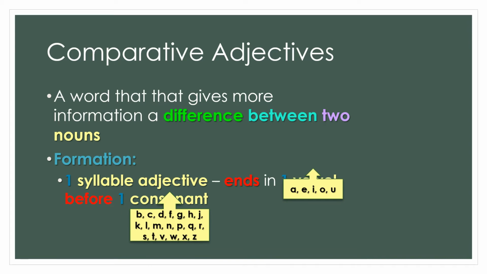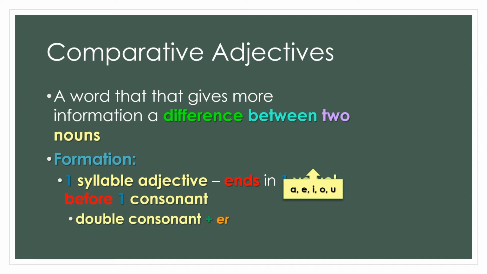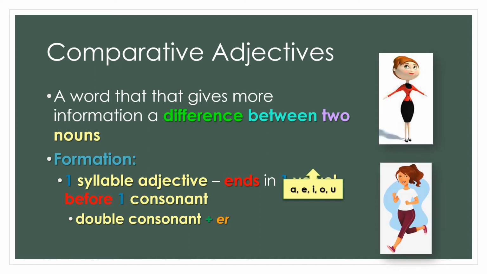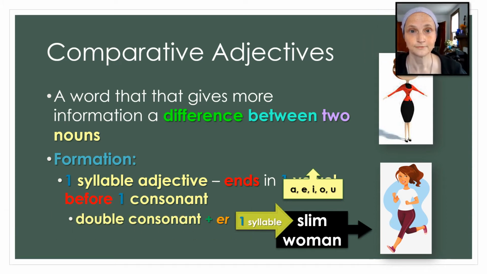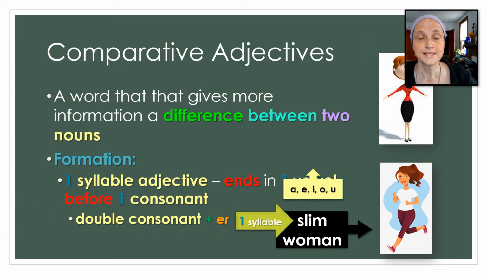If you have a one-syllable adjective that ends in one vowel before one consonant, you double the consonant and add ER. For example, this is a slim woman. Slim, one syllable.